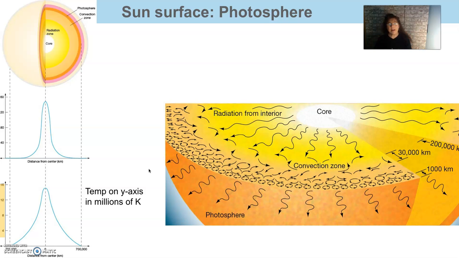If you want to look at it another way, this core moves through the radiative zone to the convective zone. Remember, you've seen a lot of circles in the convective zone like lava lamps. All right, they move out to the sun's surface, which is called the photosphere. The photosphere is the sun's surface. That's what we see.